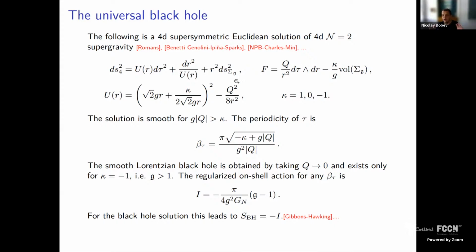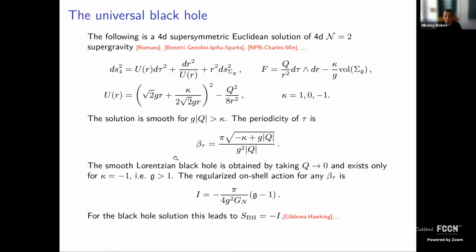So these are smooth horizons, but they're hyperbolic. Okay, and then you can compute this on-shell action. This is the regularized finite part, and observe the well-known fact that the entropy of the black hole is minus this on-shell action. This was generally expected by Gibbons and Hawking and works out in detail in this example.